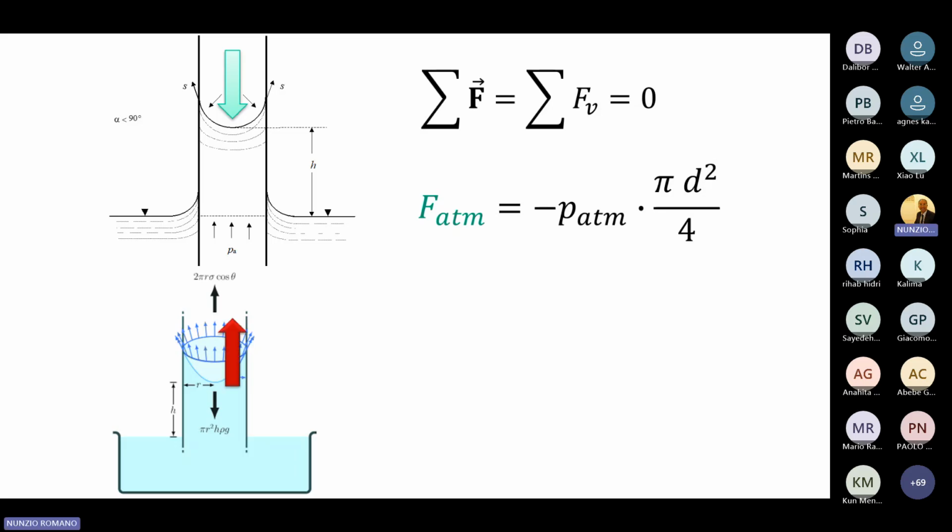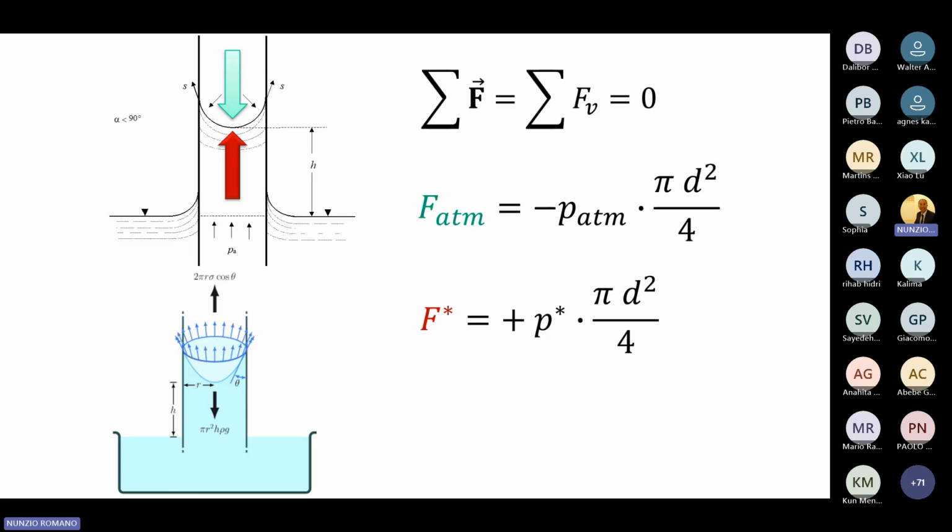Then we have another pressure, just below the meniscus. The atmospheric pressure acts over the meniscus, but there is the pressure just below the meniscus. I call this P star, and this is what we would like to compute.